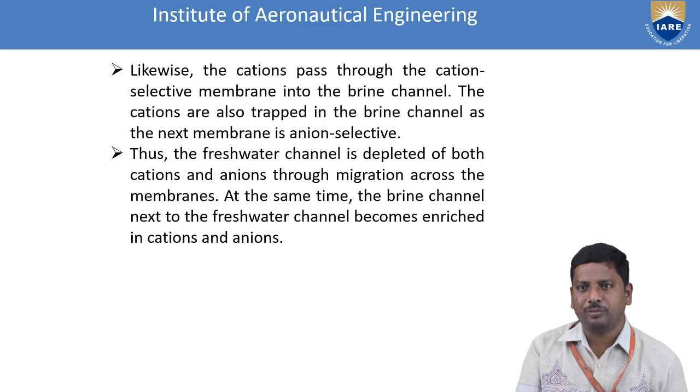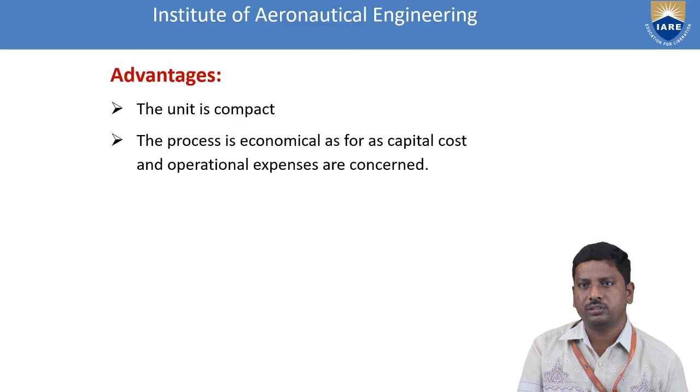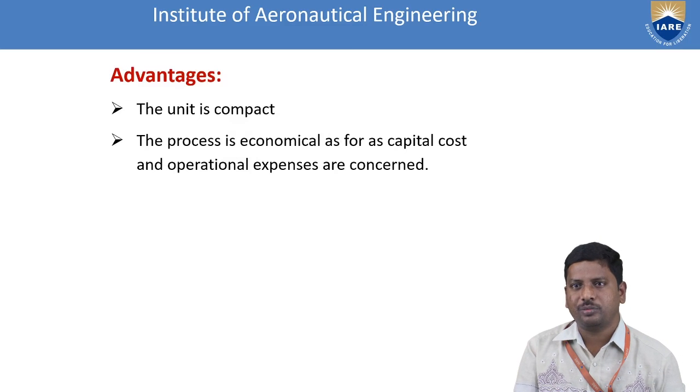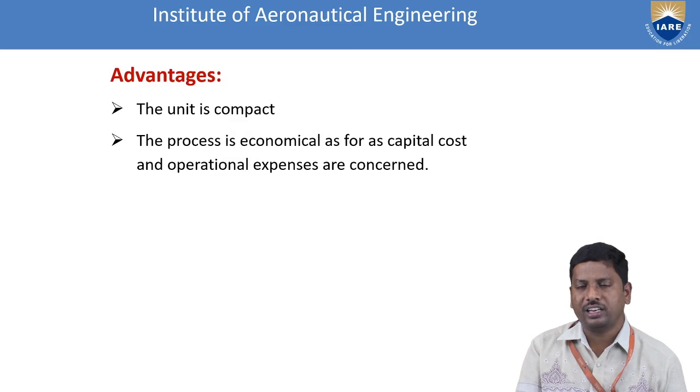At the same time, the brine channel next to the freshwater channel becomes enriched in cations and anions. All the cations and anions in the seawater are concentrated in the brine solution. In the diagram, the freshwater comes down.